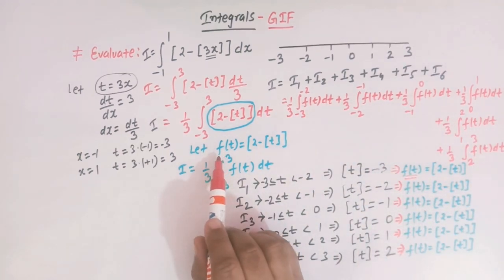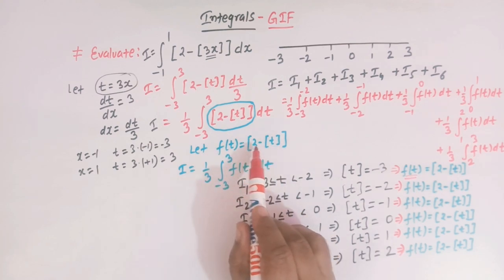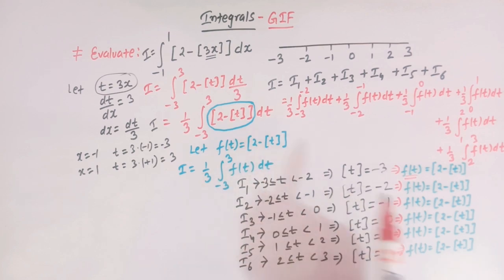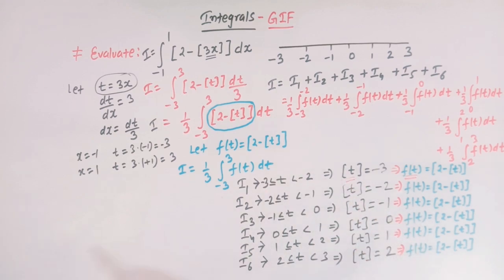So we have defined our function f(t) as the greatest integer of (2 minus the greatest integer of t). Let us take the first case, I1. Here the greatest integer of t is equal to -3.